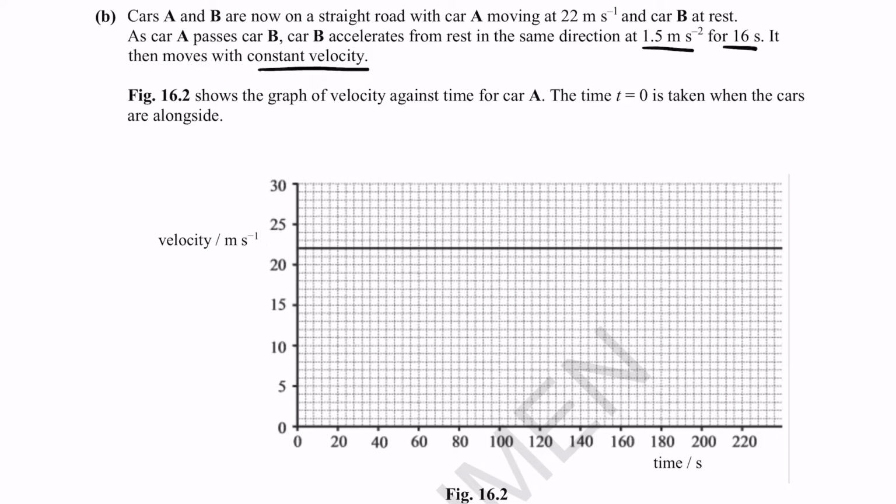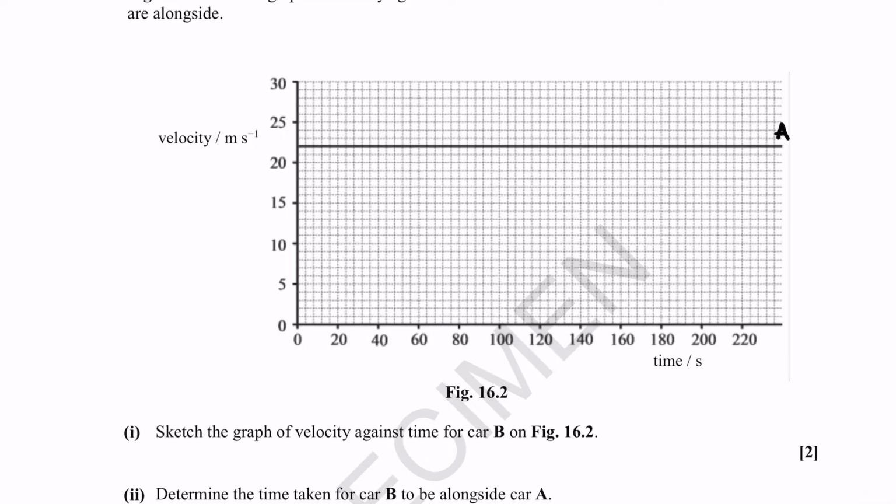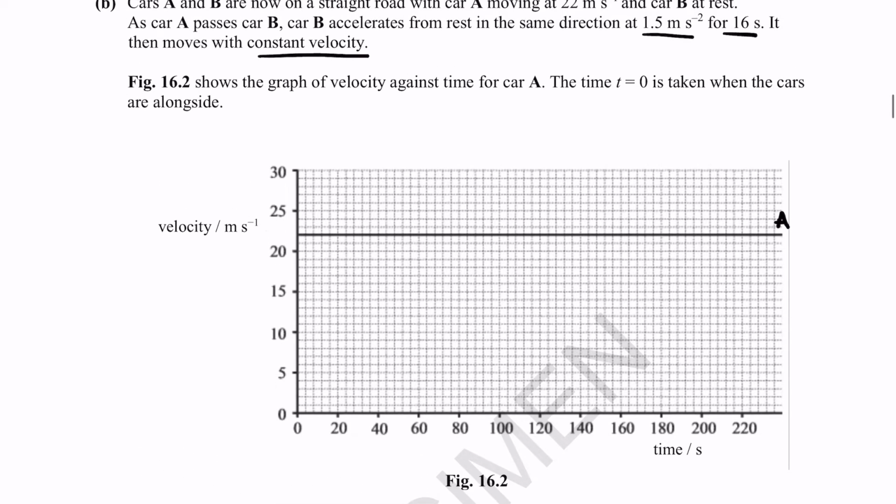Now, we've been given the graph for car A, and we're given that time t equals 0 is taken when the cars are alongside. Sketch the graph of velocity against time for car B on this particular graph. So we just need to figure out the final velocity. v is equal to u plus at, which is 1.5 times 16, as u is 0, which turns out to be 24 meters per second in 16 seconds.